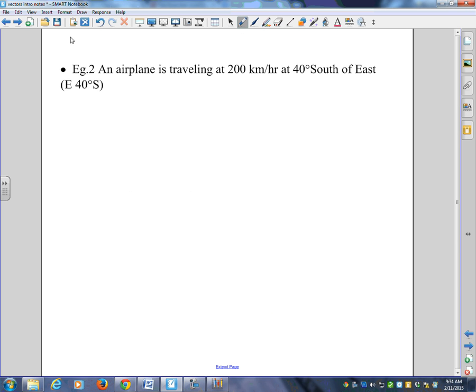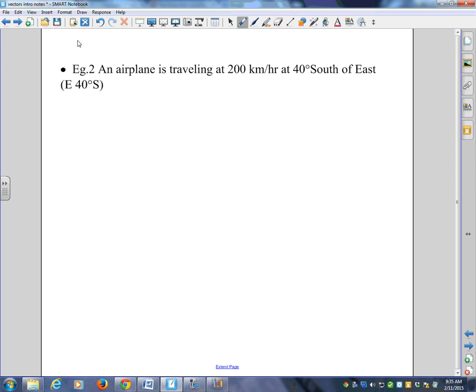Okay. Let's talk a little more complicated. This one, you might want to write down. Is this an example you might want to refer to? Yes. Of all the things that I've said, this is something that you should write down. Now, pilots actually know this. They actually do this. It's important to them.